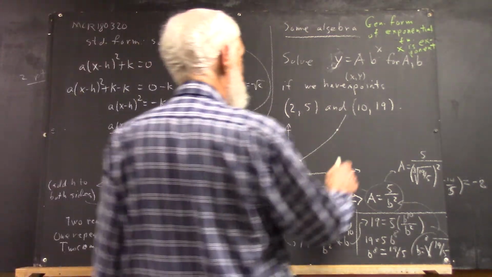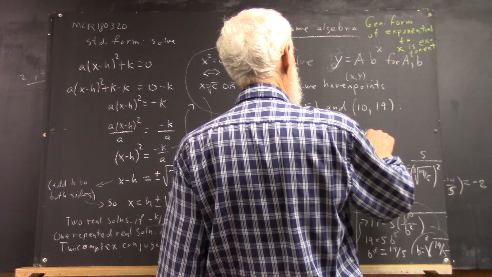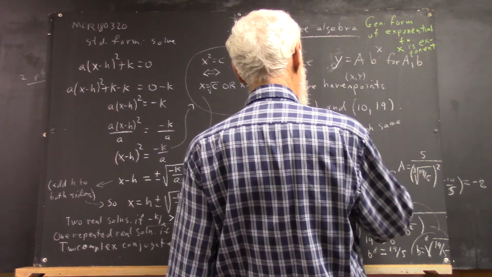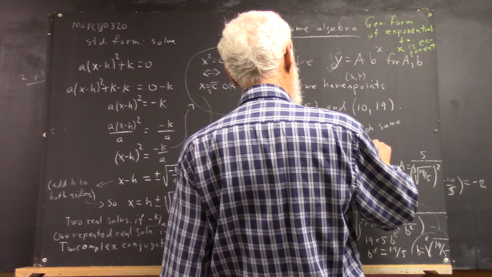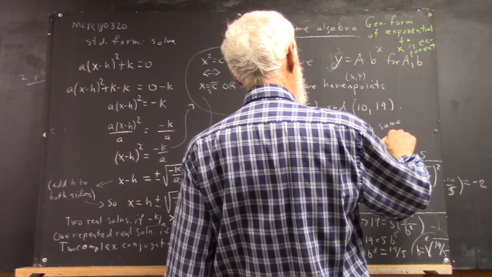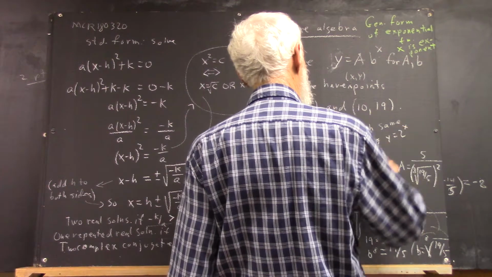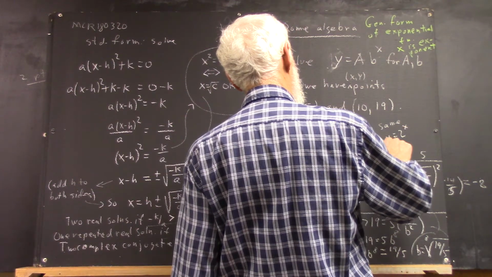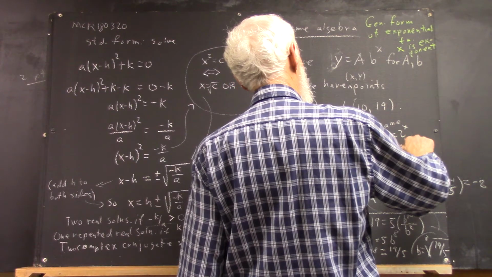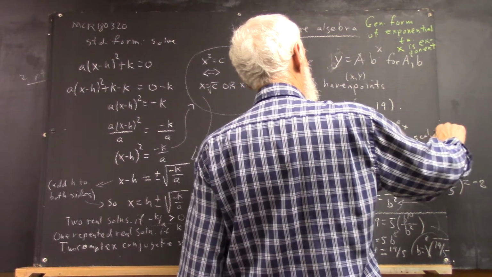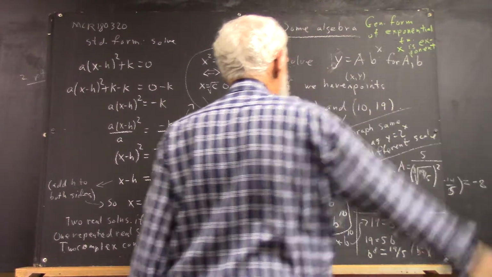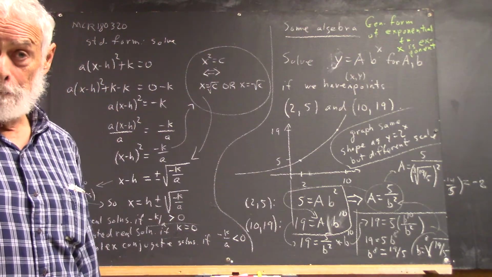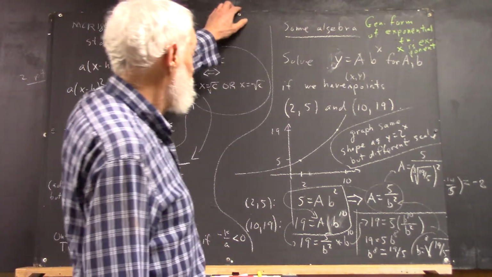So now the graph has the same shape as y equals 2 to the x, but with a different scale. And we're going to talk about scaling that graph. And in fact, we're probably going to go ahead and do it with this example. Okay? So let's go ahead and write this out.